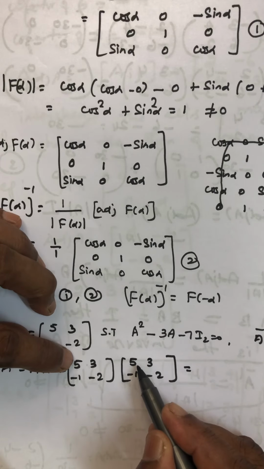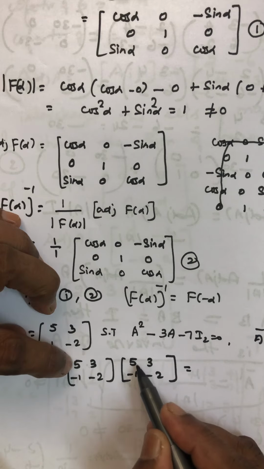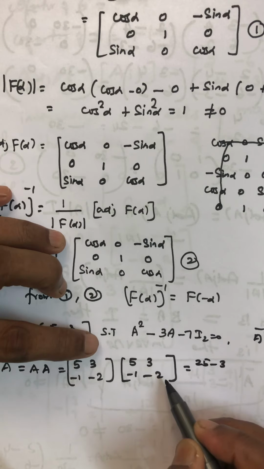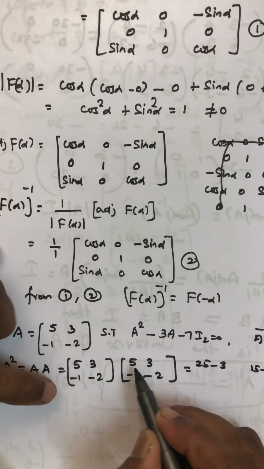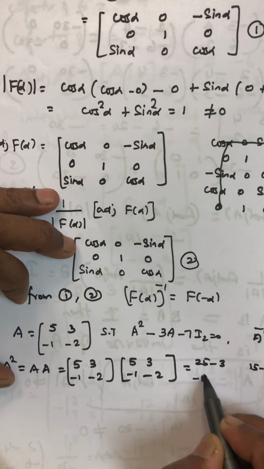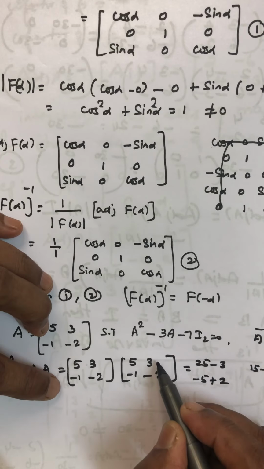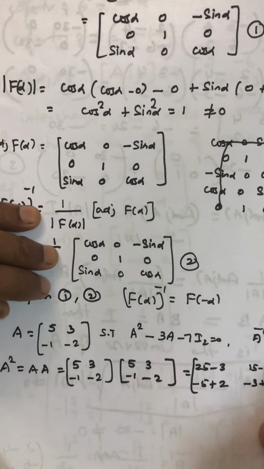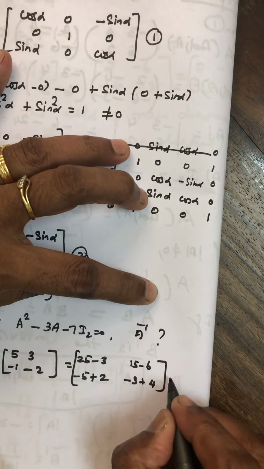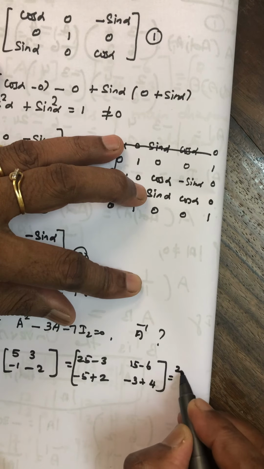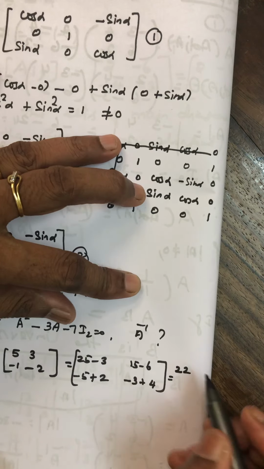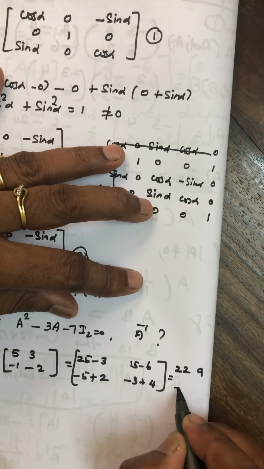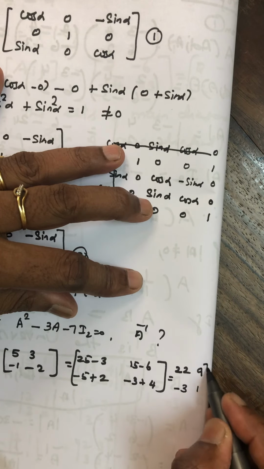So 5 5 is 25 minus 3, then 15 minus 6. Next one minus 5 plus 2. Then minus 3 plus 4. What is the answer now? 25 minus 3, so this is 22. 15 minus 6, so this is 9. Minus 5 plus 2, so this is minus 3, plus 1.